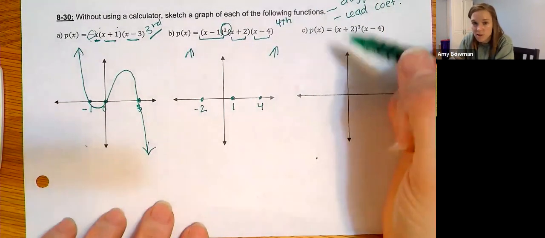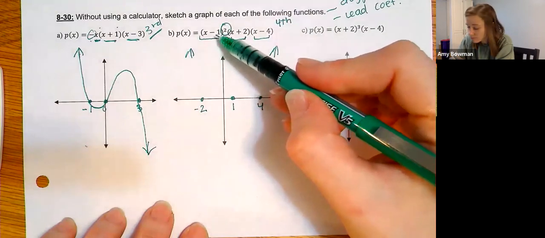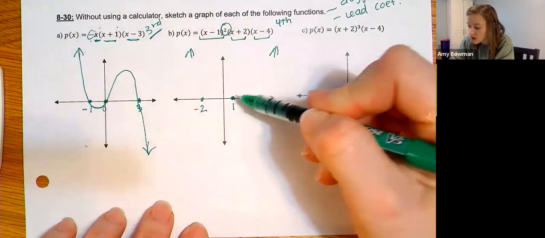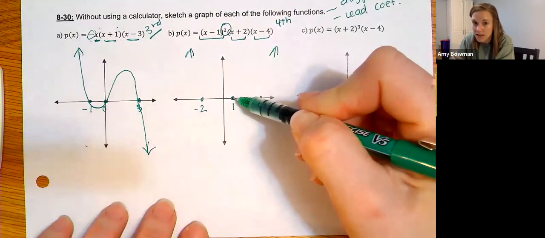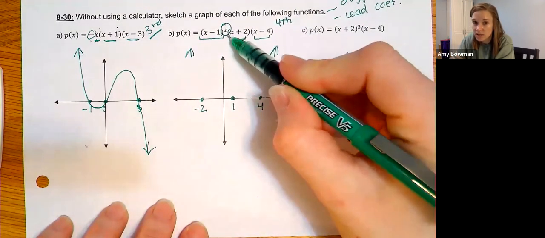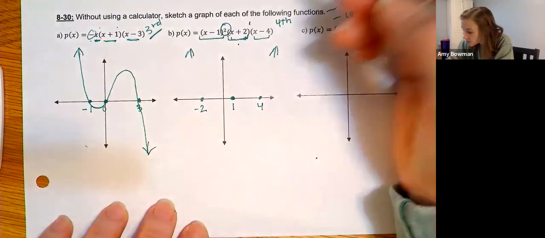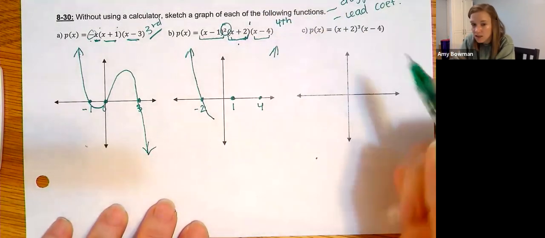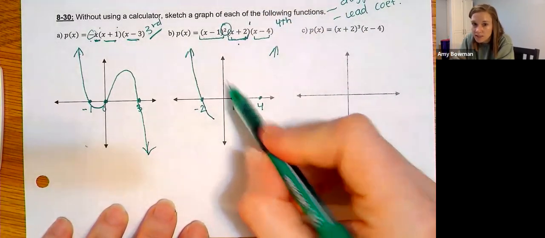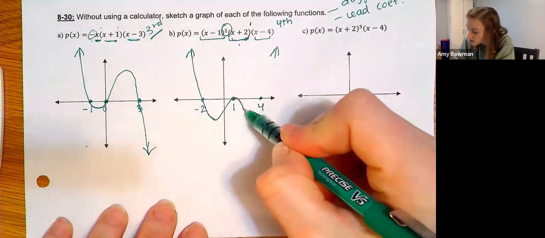And then the other important thing for this is that x minus 1 is a double root. That means it's going to be bouncing off at 1 when I get to that. But since x plus 2 is just a 1st degree root, that means it's going to cross through it. So I sketch that piece first. And then at 1, since that's a double root, it's going to come back up to it and then bounce off.